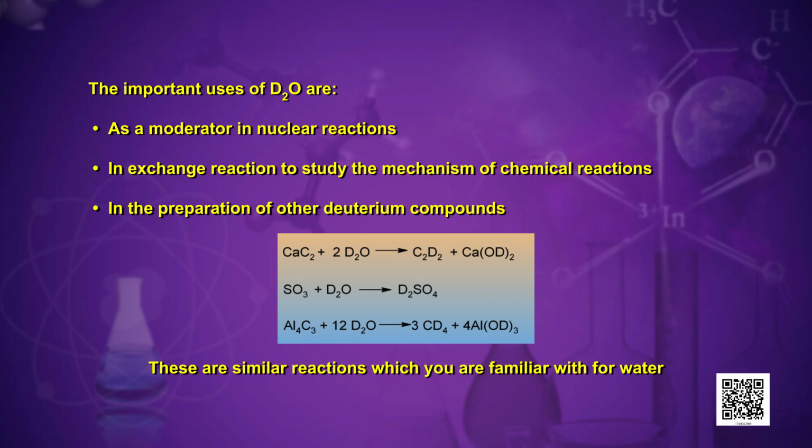D2O. And if we compare again with aluminum carbide, here with the D2O, we are getting CD4, a compound corresponding to methane. So, these are some uses of deuterium oxide, or the heavy water, to get other deuterated compounds.